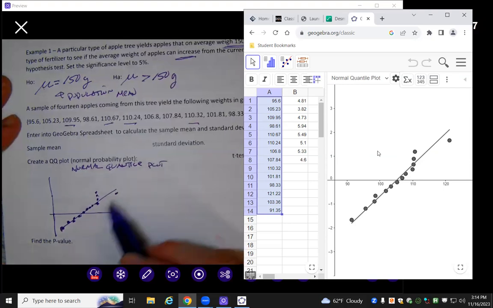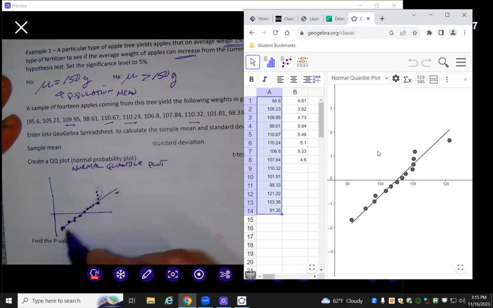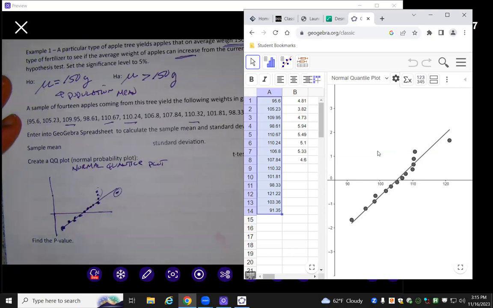But does this say that it is sort of normal? Except for this weirdness here, but that can happen, it's fairly straight. And what I'm looking for also is the one sitting all by itself. It's not that far from that line. So I'm going to say this is good.